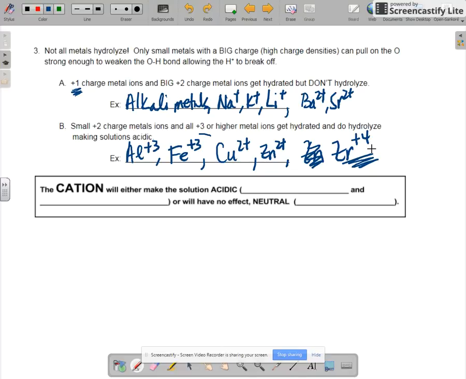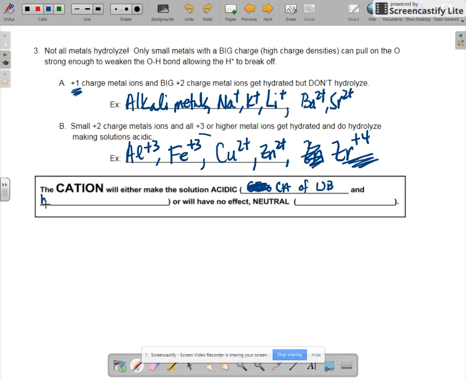All right, so to summarize, the cation is either going to make the solution acidic if it's a conjugate acid of a weak base, which is really easy to identify because it's not a metal. So if the cation is not a metal, it's probably a conjugate acid of a weak base, and it will make the solution acidic.